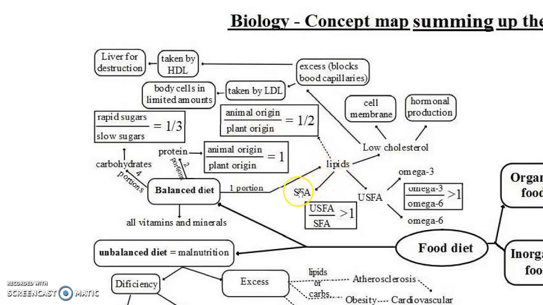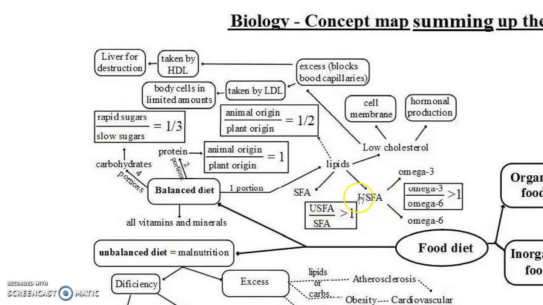Lipids can give saturated fatty acids and unsaturated fatty acids. The unsaturated fatty acids are usually liquid at room temperature, while saturated fatty acids are usually solid at room temperature. And the ratio of unsaturated fatty acids over the saturated fatty acids should always exceed 1.